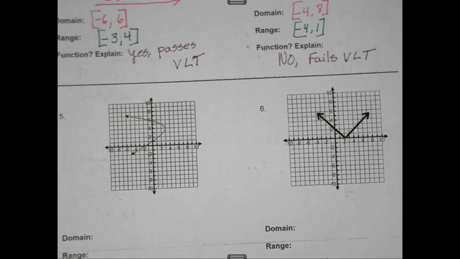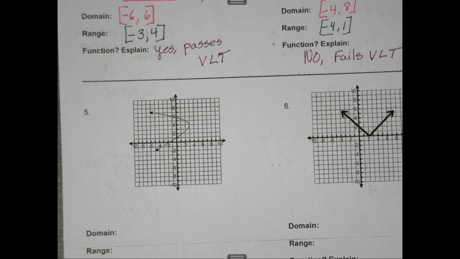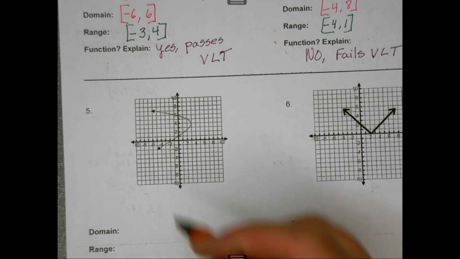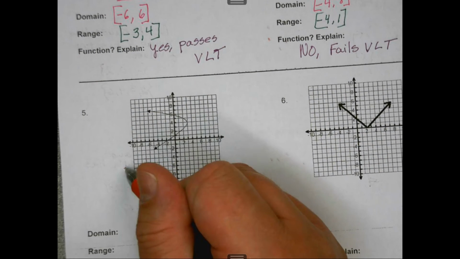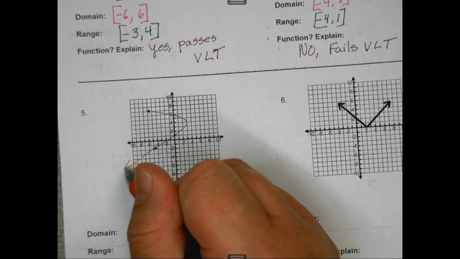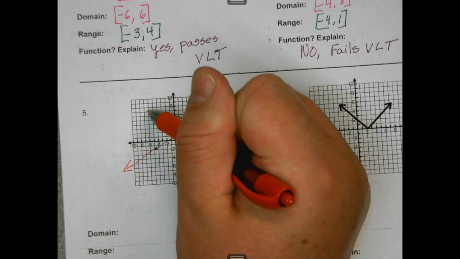Number 5. Now, you have to keep in mind that this relation goes out forever and ever.